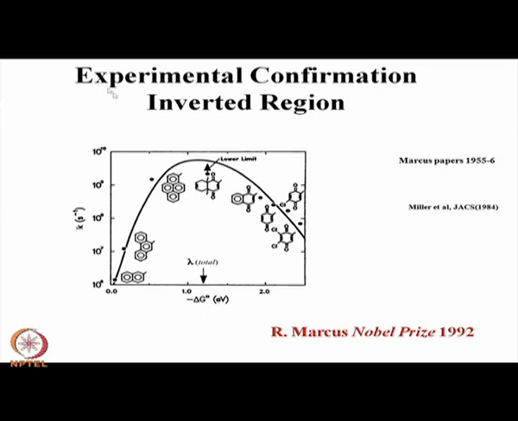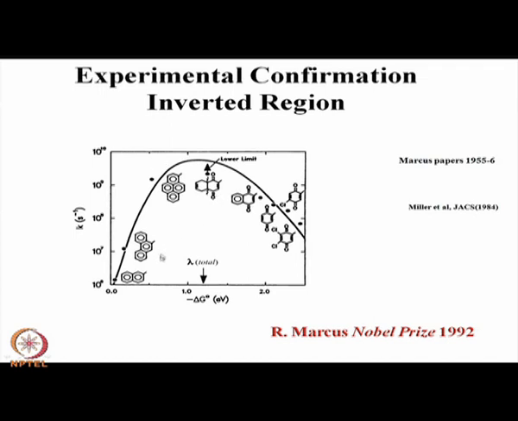You see that the rate constant sharply increases from 10 to the power 6 to 10 to the power 10, and then it decays to some value. Here these are the quinone type of molecules, for which it is reducing.